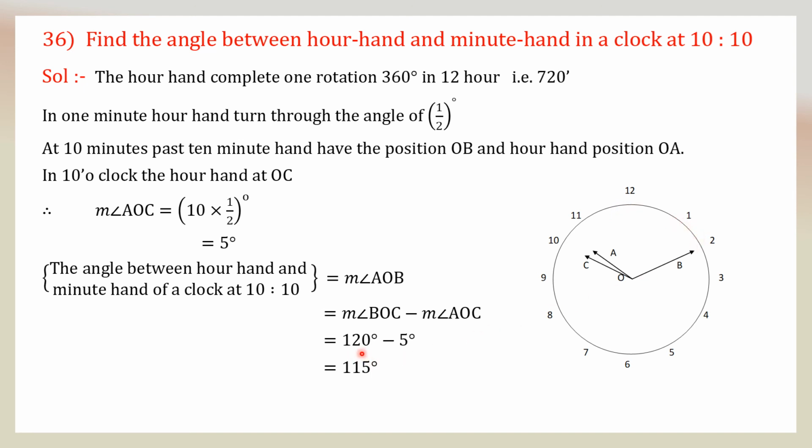BOC is 120 degrees minus the measure of angle AOC, that is 5 degrees. 120 degrees minus 5 degrees equals 150 degrees. That is the measure of angle AOB, the angle between the hour hand and minute hand. Thank you.